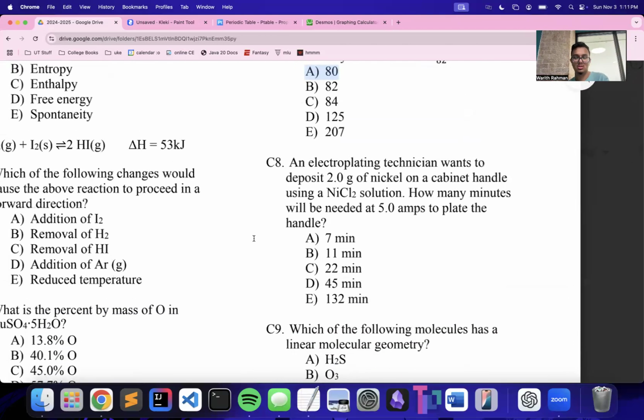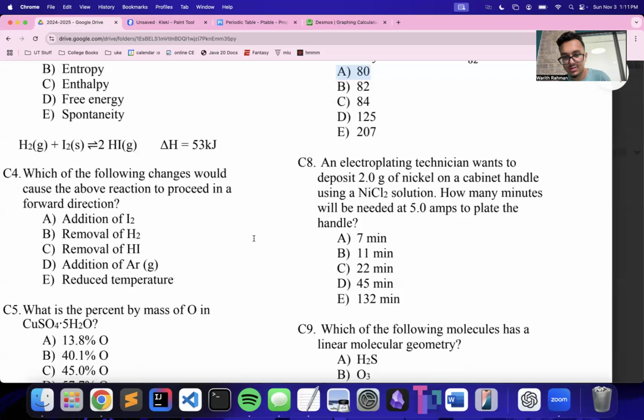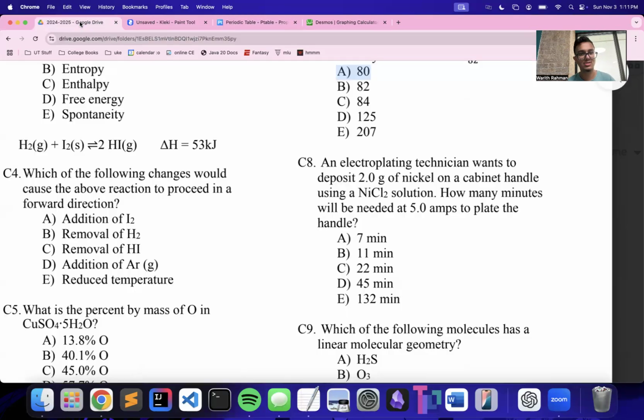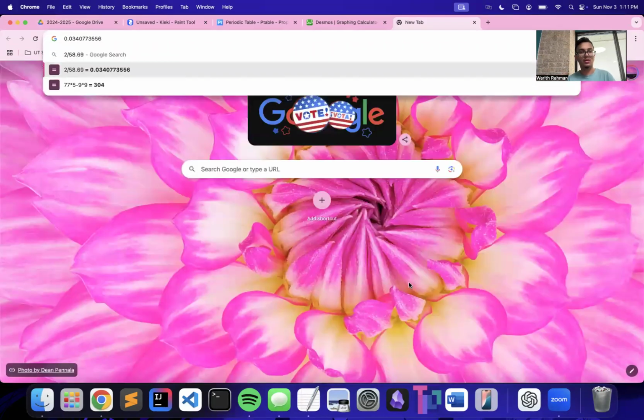C8. So this is just electrolysis with Faraday's constant. The idea here is that we want to deposit 2 grams of nickel using an NiCl2 solution. So we want to check how many moles of nickel is 2 grams of nickel. The molar mass of nickel is 58.69. So this represents the moles of nickel that we need.